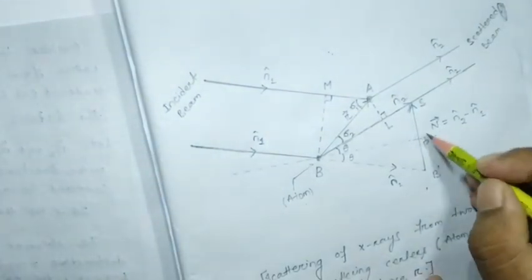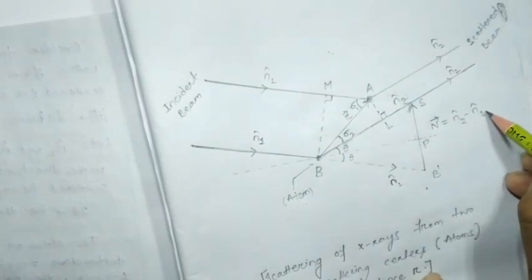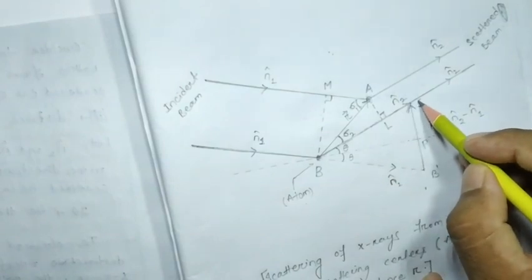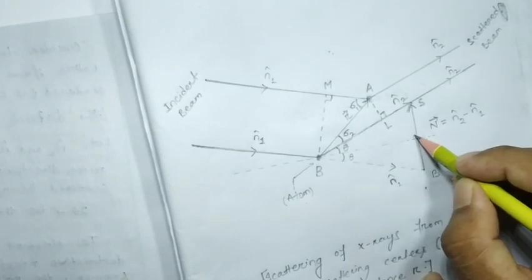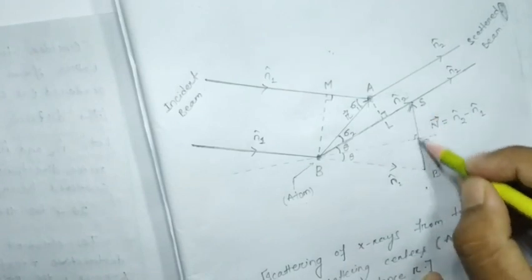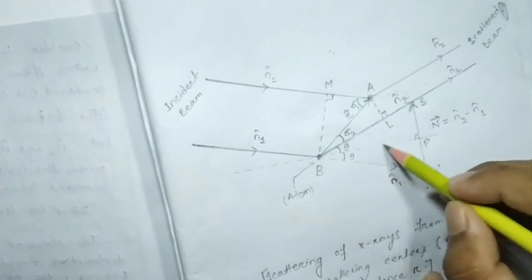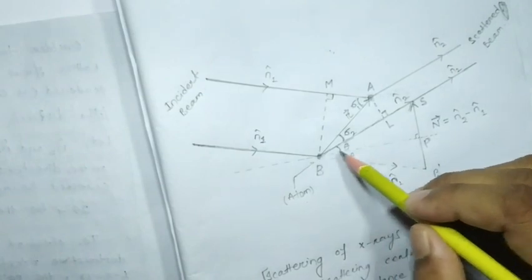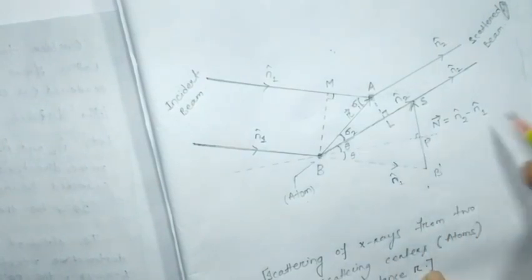So this vector can be equal to n2 cap minus n1 cap. From B to S, suppose this point I have named S and this point P. This vector is perpendicular to this dotted plane, where the B atoms will be periodically placed over here. You can imagine.